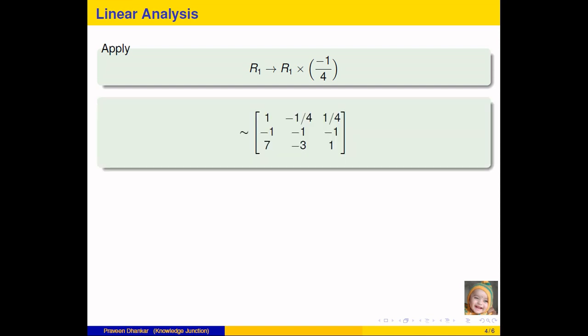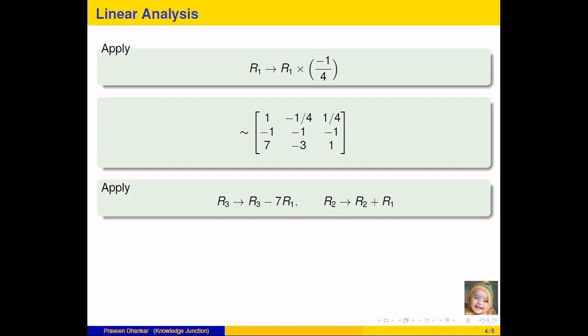So the matrix turns into [1, -1/4, 1/4; -1, -1, -1; 7, -3, 1]. Now again apply on R3, that is R3 minus 7 times R1, and R2 plus R1.